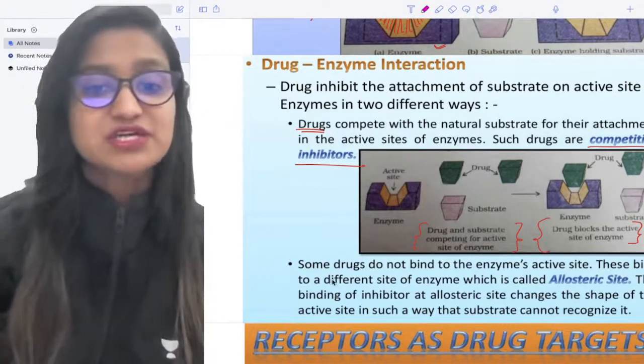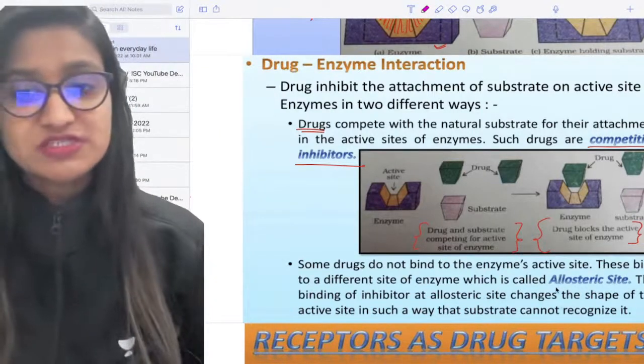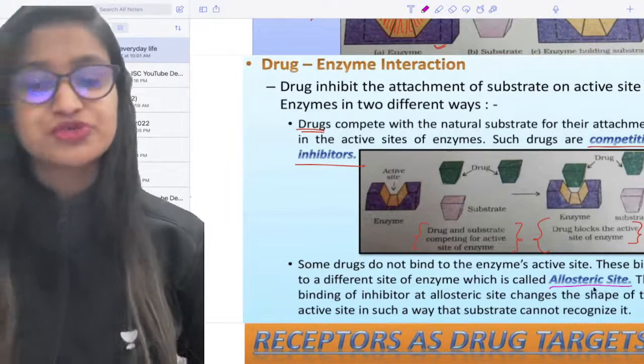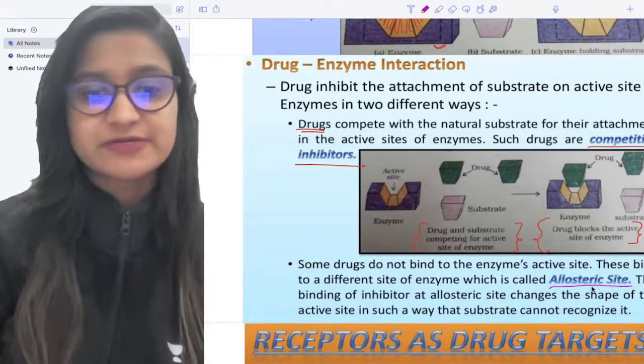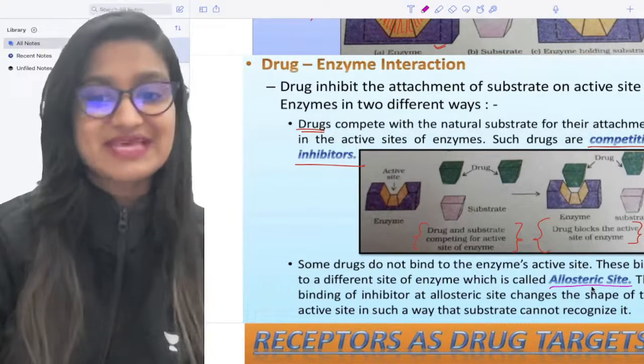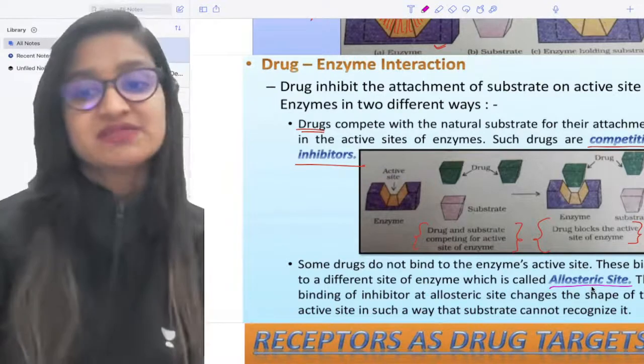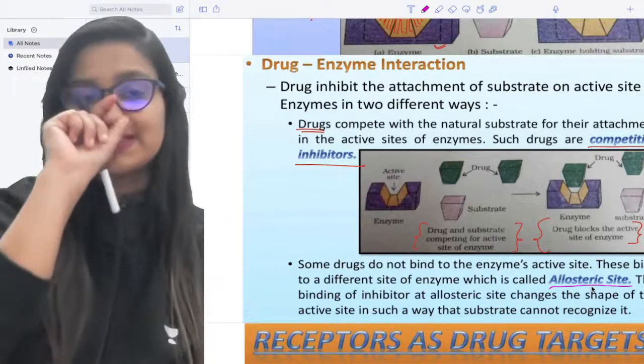These bind to a different site of enzyme which is called as allosteric site. इसको आप क्या बोलते हो? Allosteric site. This binding of inhibitor at allosteric site changes the shape of the active site in such a way that substrate cannot recognize it.